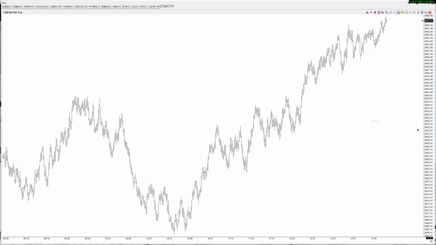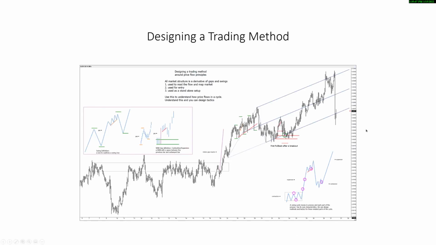Let's go over the slide that we built in the first part. This is the first part showing a swing and the process that swing goes through. You can go back and review this.